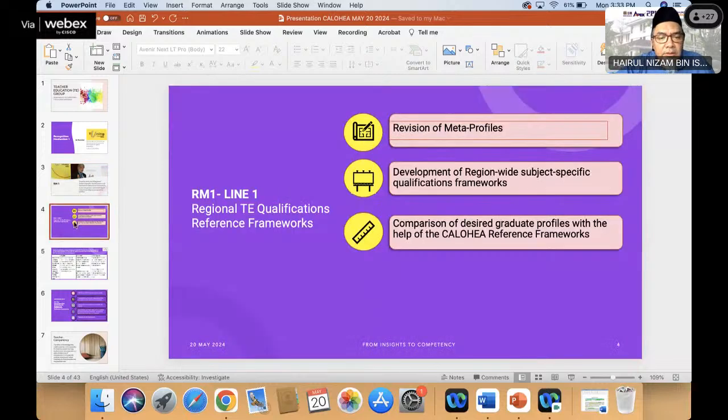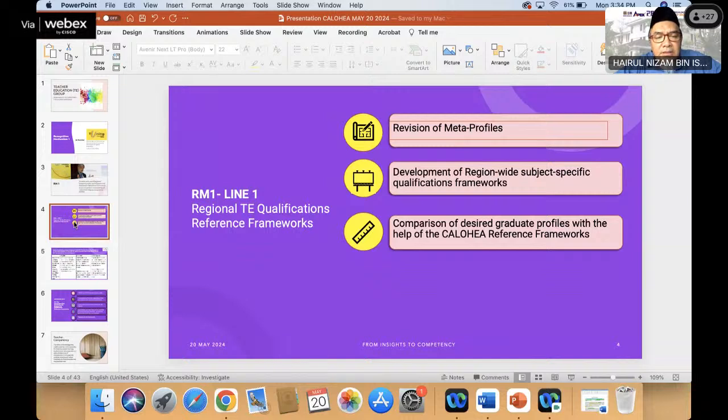So in the project, we have also been given some guidelines on how this RM1 task can be achieved. In terms of methodology, you go through a similar process to what our engineering group has gone through, as described by Prof. Tasya just now.